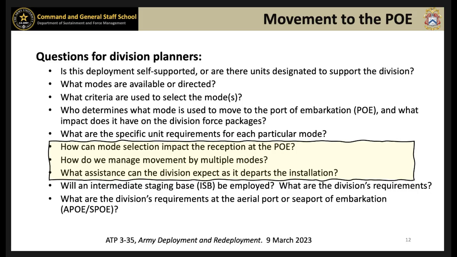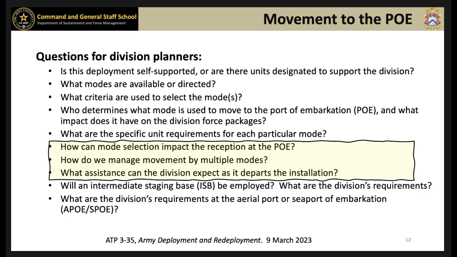Each military installation is paired with a strategic aerial or seaport, and the proximity of these ports to the installation informs the mode of transportation, as well as the quantity and type of assets required for the journey.